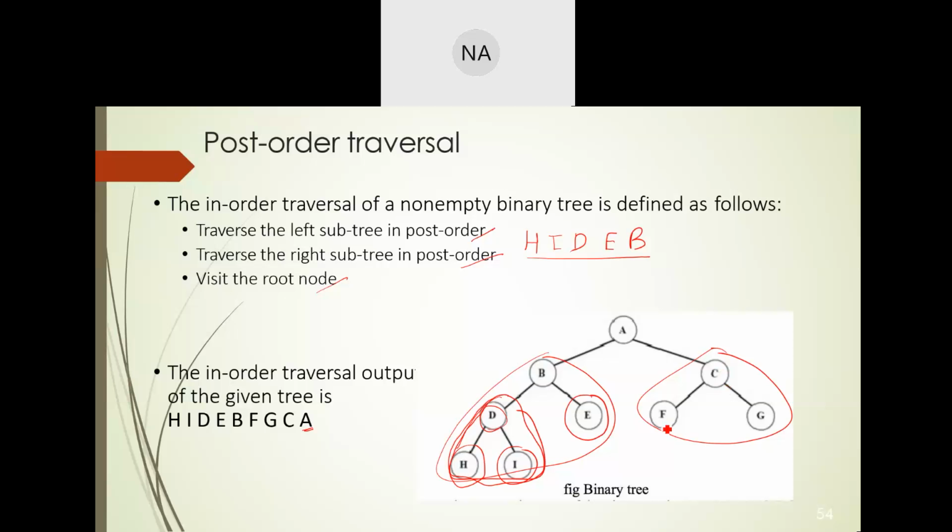The left subtree contains a single node F, the right subtree contains a single node G, then the root node C of the subtree, and then finally the root node A. So this is the left subtree traversal, this is the right subtree traversal, and this is the root node. This is the post-order traversal.